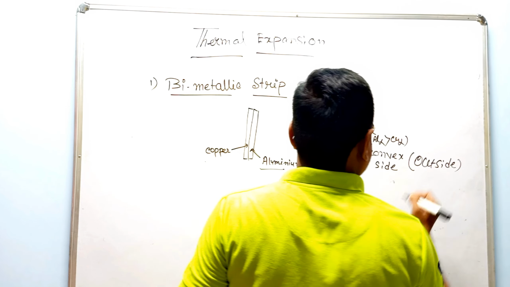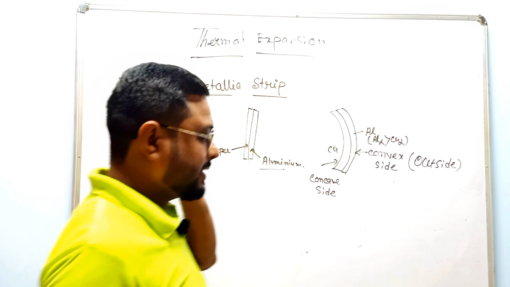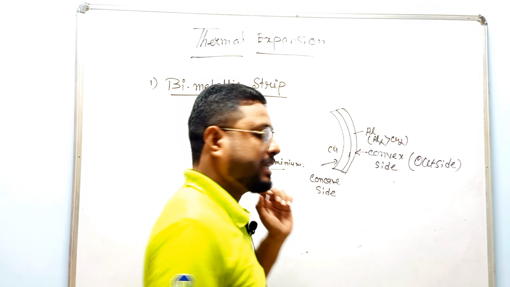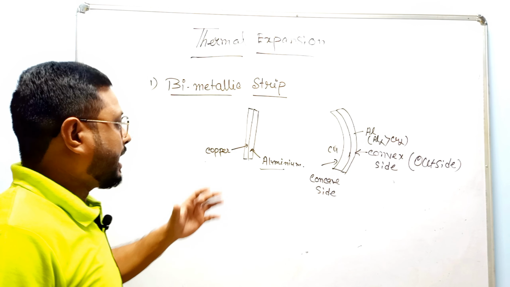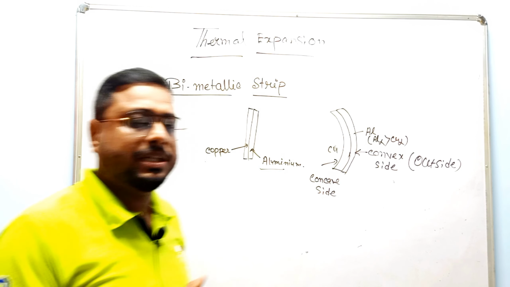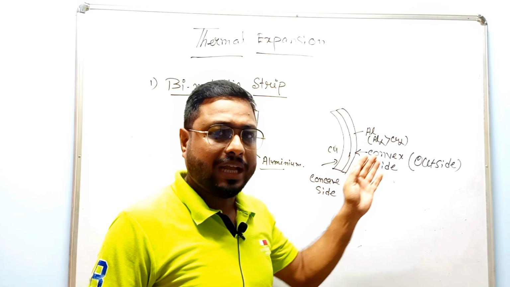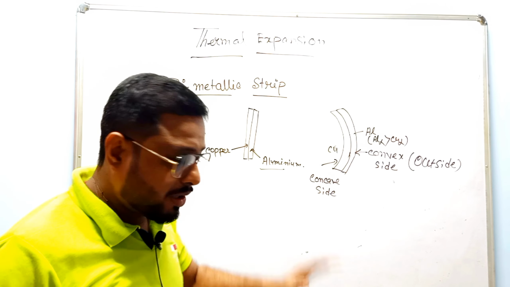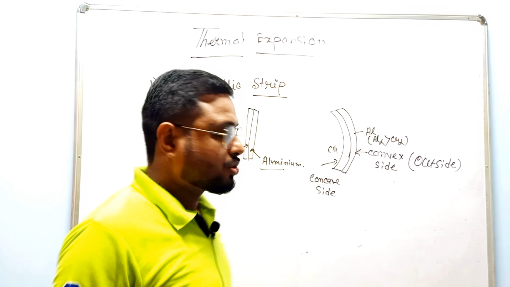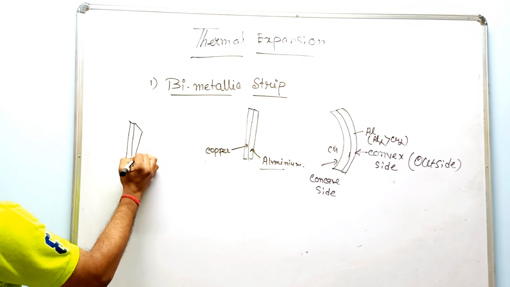A question was asked in the NEET exam about a bimetallic strip of aluminium and steel. When heated, is the steel on the convex side or the concave side?